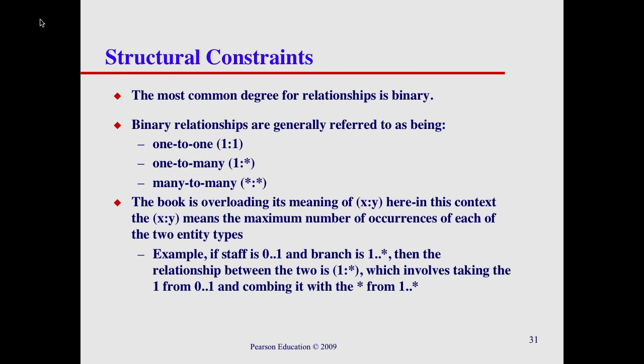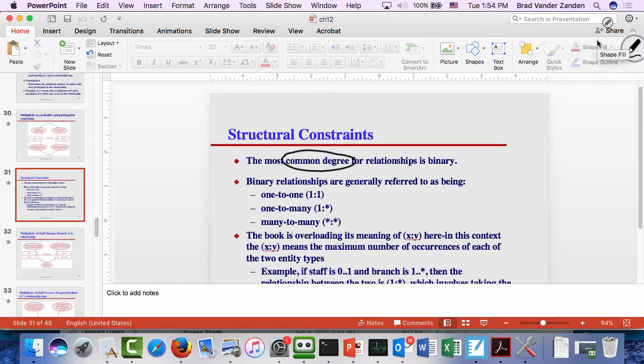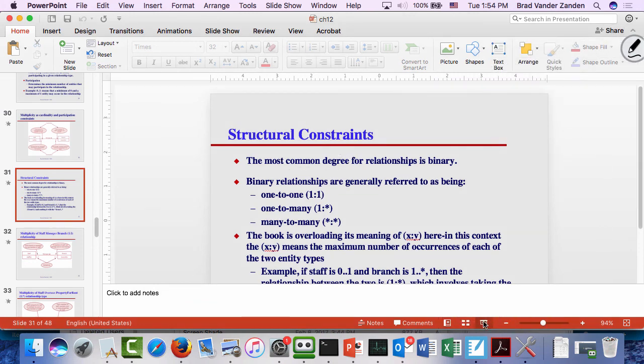When we talk about the degree of a relationship, what we're talking about is the maximum, or the cardinality, of each of the two entities. So there are three types of relationships: one-to-one, one-to-many, and many-to-many. And again, that refers to the maximum cardinality of each one.